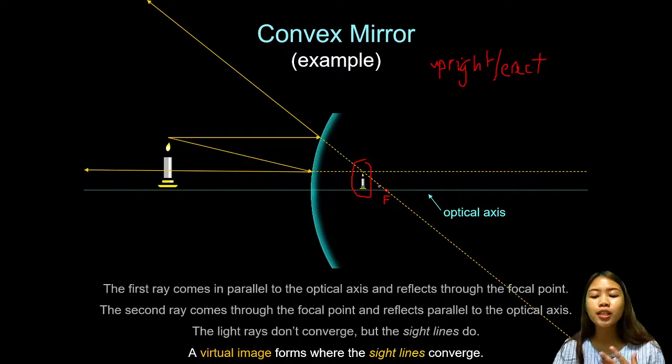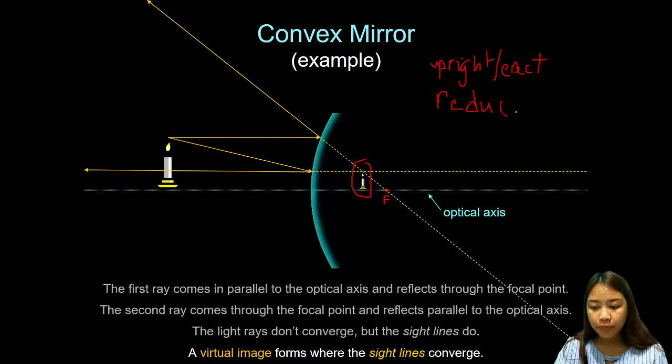Again, the image is smaller compared to the object. So, meaning this is reduced. Okay. And next, the image is located on the opposite side of the object. Again, the image is located on the opposite side of the object. So, therefore, this is virtual.